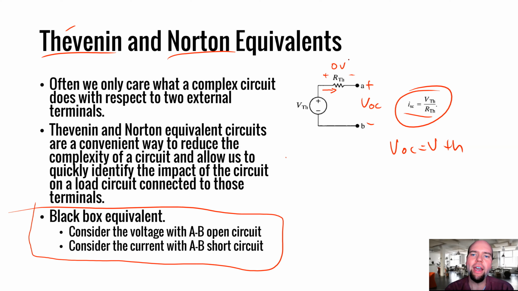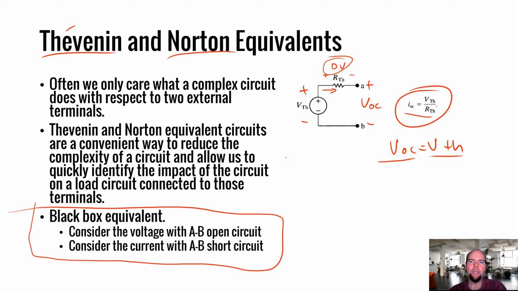So if we have VTH volts here, and we have no voltage drop across the resistor, then by Kirchhoff's voltage law, we have to have VTH volts dropped across these terminals AB. So the open circuit voltage will be equal to VTH.